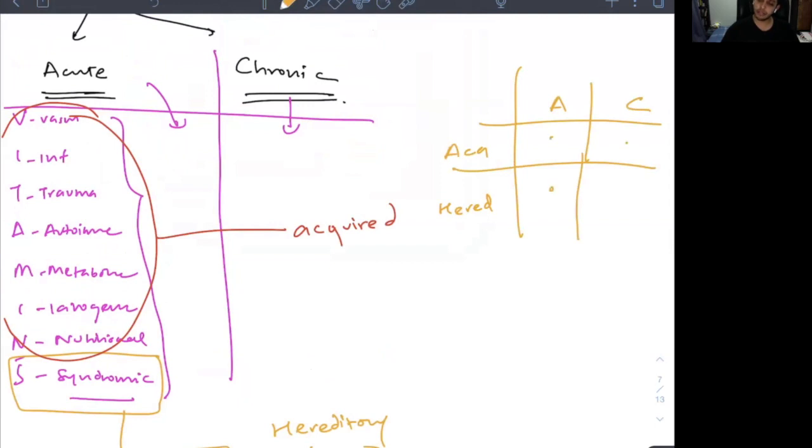So within acquired, you have the whole VITAMINS. So that is how you divide the causes of cerebellar ataxia. And I won't go too much into detail further in this. That is something that you can look up, and you can fill this chart on your own. And that will be a good revision for you as well. And we can discuss this tomorrow.